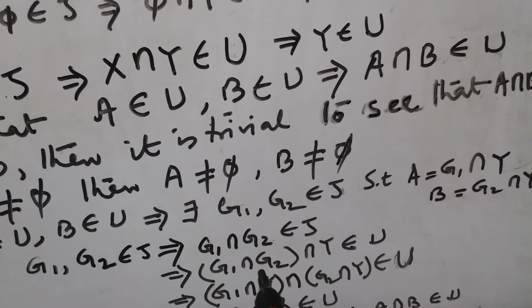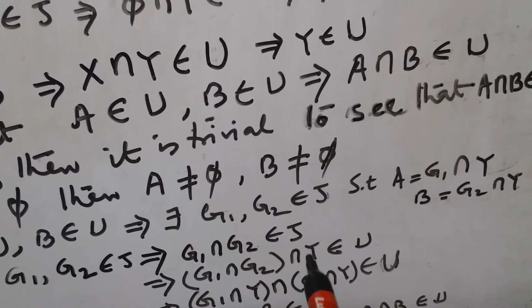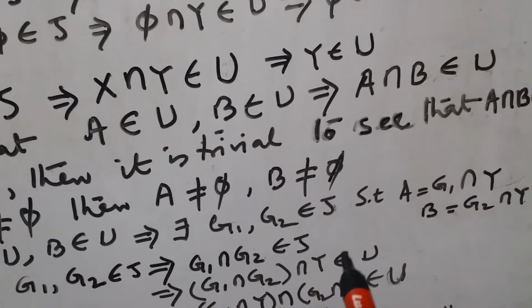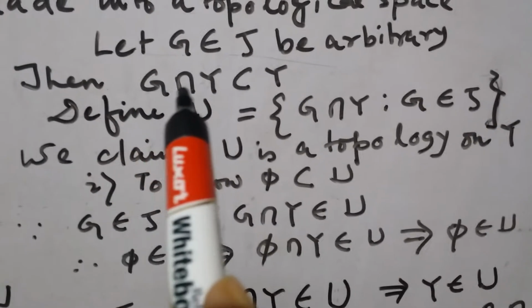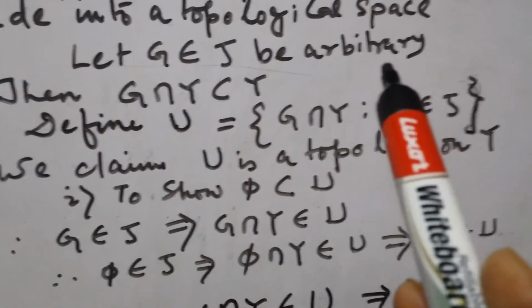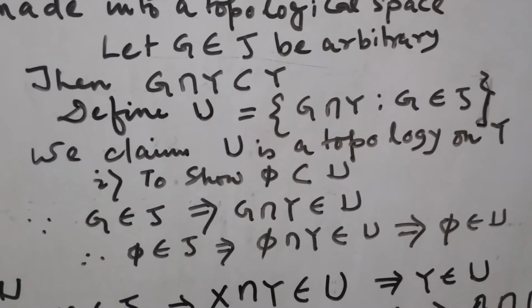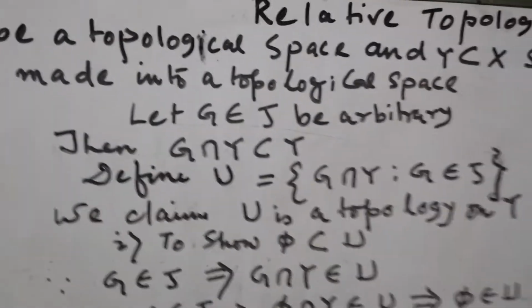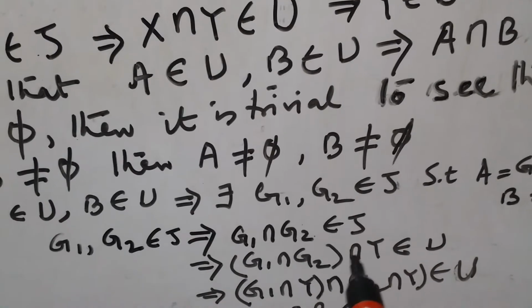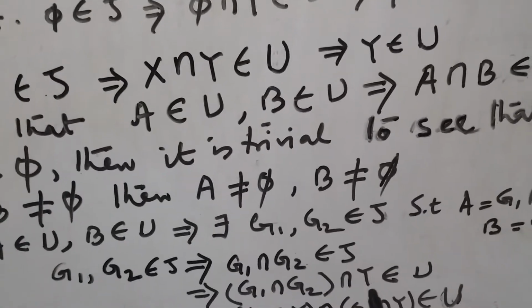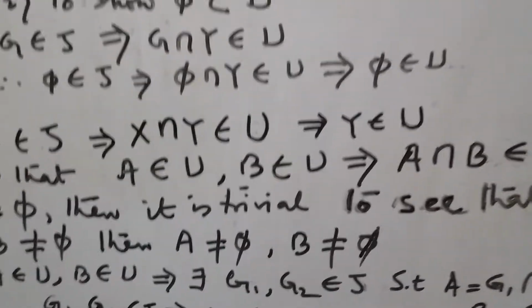As this is my condition, if G belongs to tau, then G intersection Y belongs to U. So this belongs to tau, this belongs to tau.